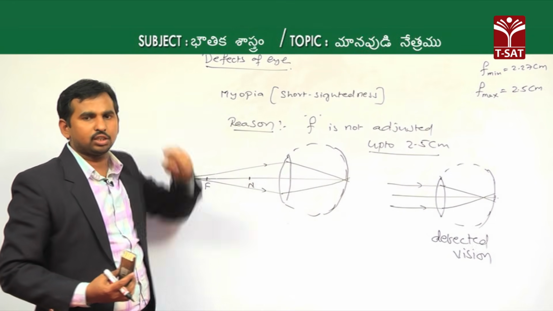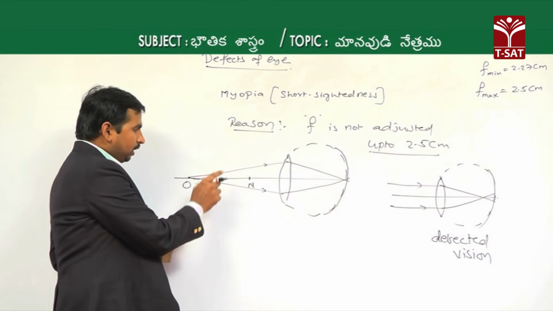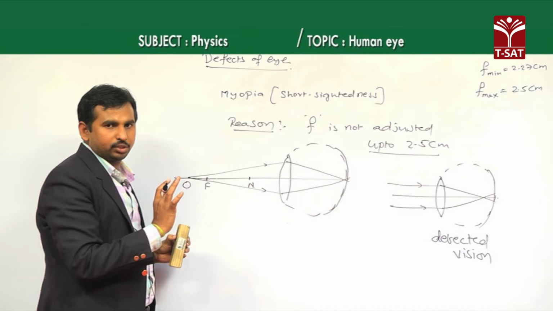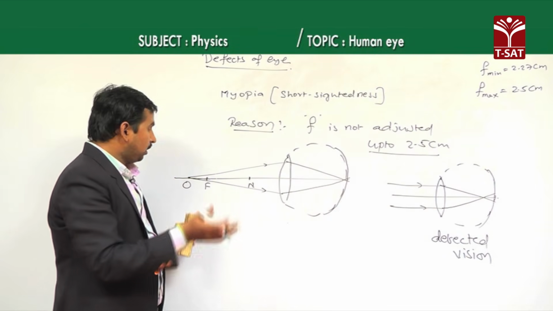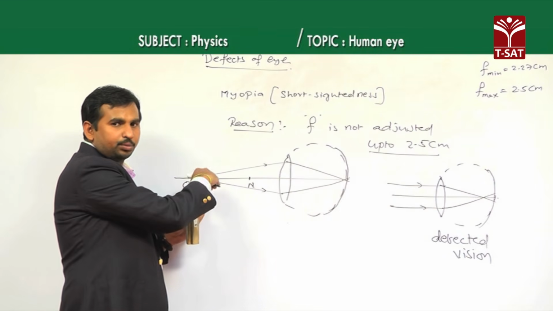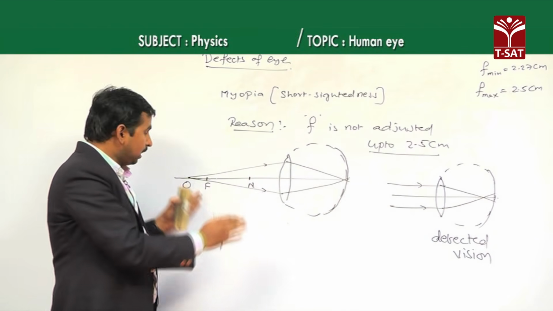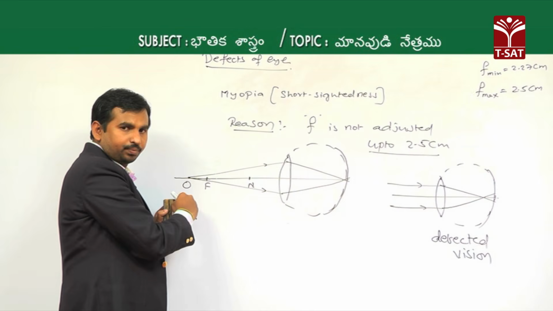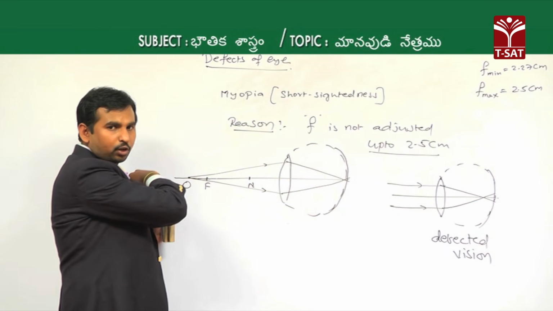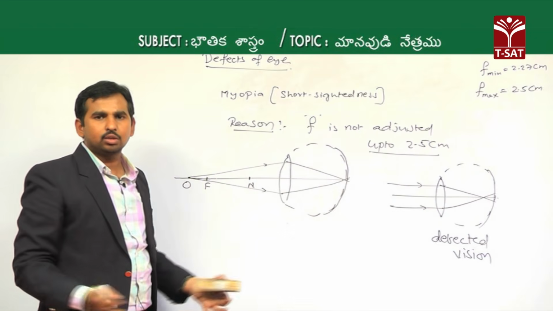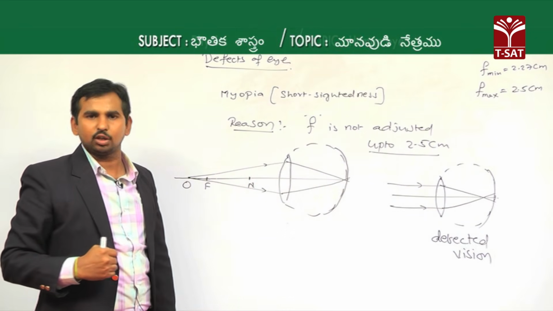See that correction, simple, of which if it is between n and f, we can see the object very clearly, that is our short sight. Now the problem is, if the object is after f, we are getting the problem. So that is why the object which is placed after the far point, we are making the object to be in between f and n, so that we do not have any problem to see that object.